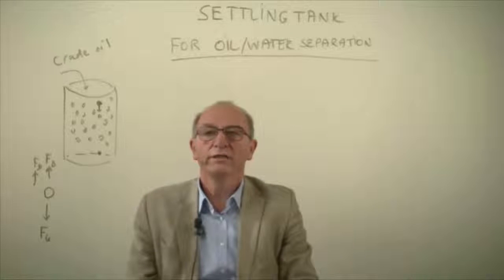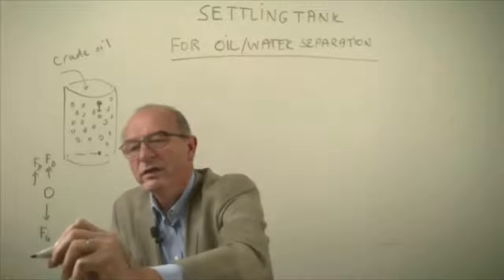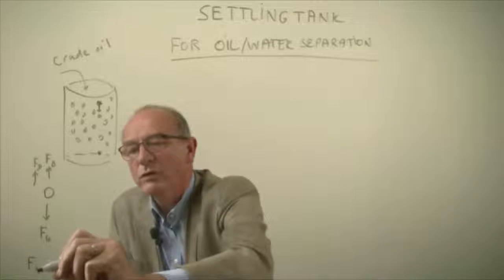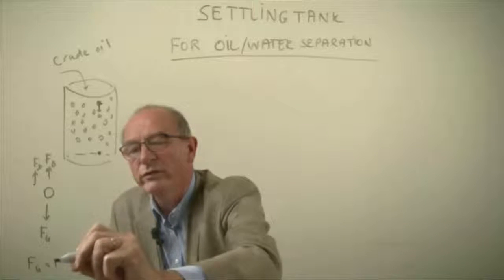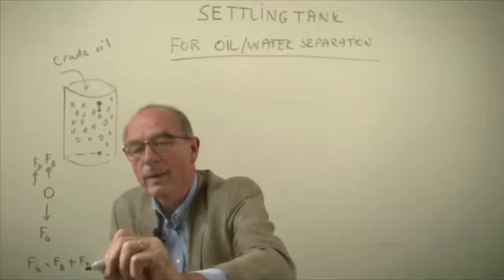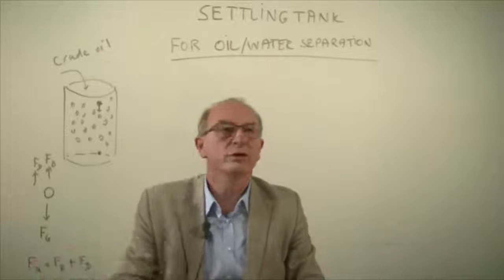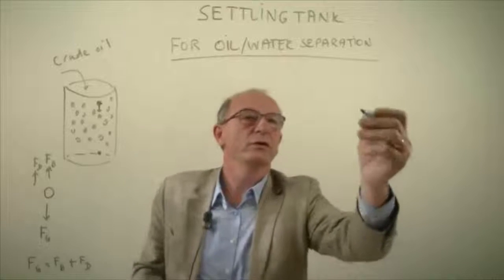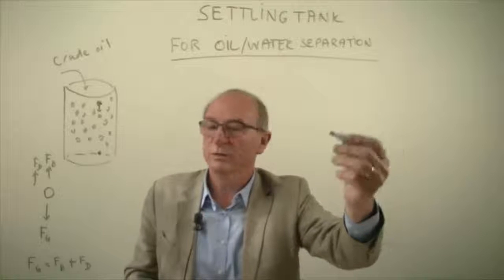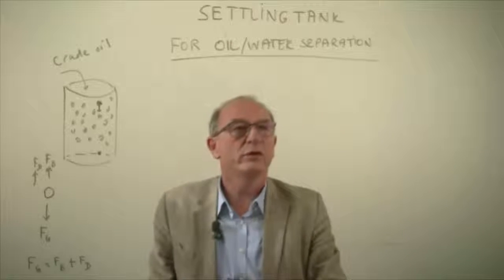And so in a steady state situation, you have to set up the balance, and you could see that in this case the gravity force is equal to the buoyancy force plus the drag force. You can solve this problem by substituting all these values. The gravity force is of course the mass multiplied by the gravity constant, and similar is the buoyancy force.